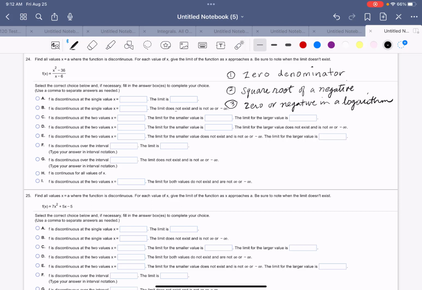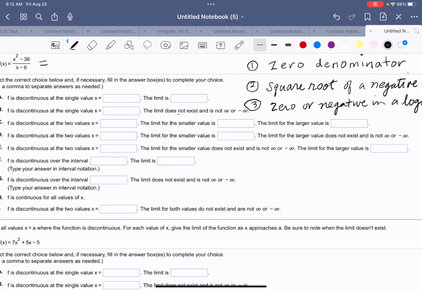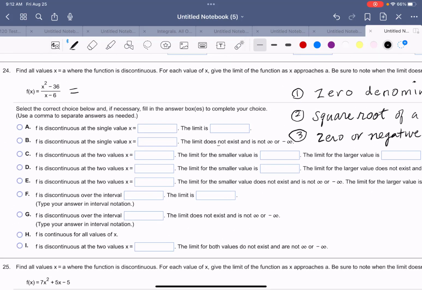So example 24, find all values x equals a where the function is discontinuous. For each value of x, give the limit of the function as x approaches a. Be sure to note when the limit doesn't exist. Well, if we're going to look at this function, we need to use factoring to make it much easier to work with.